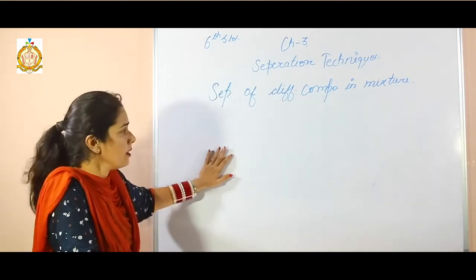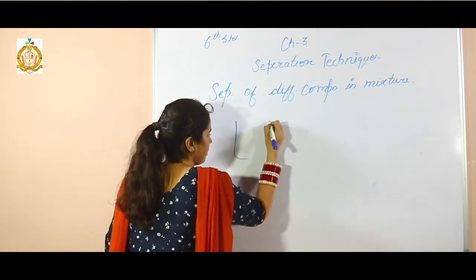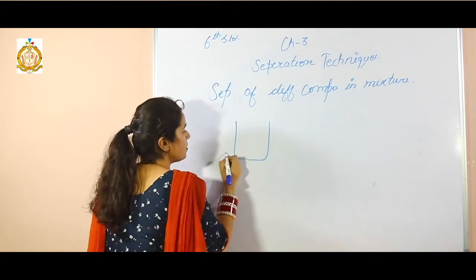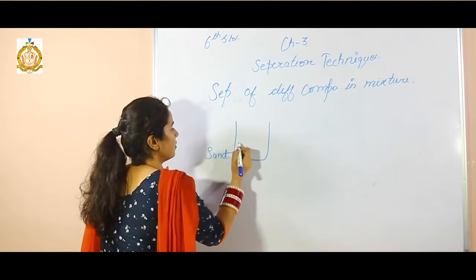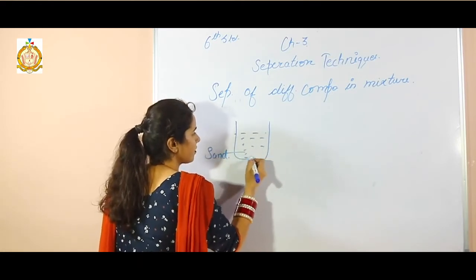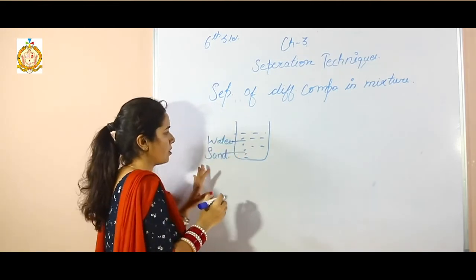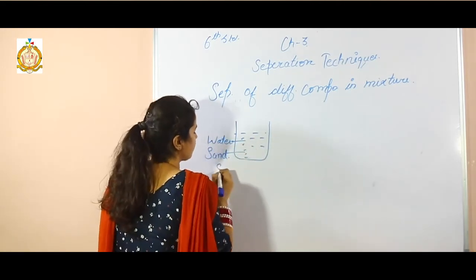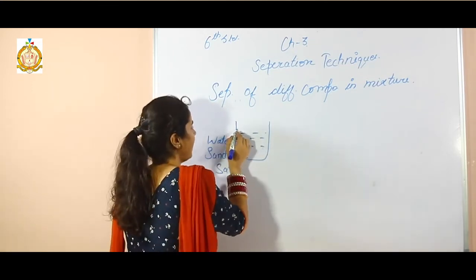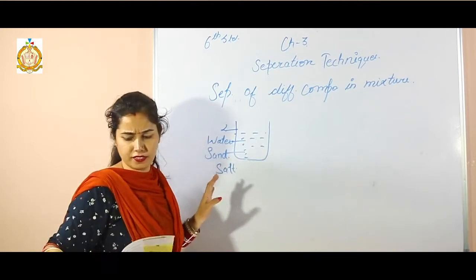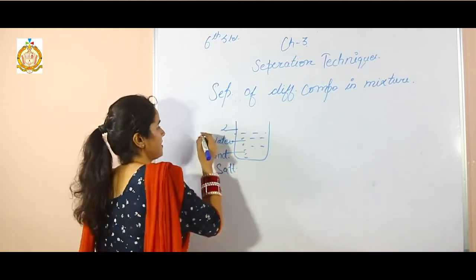So for example, if we have a flask, we add sand, water, then we can also add salt and sawdust.